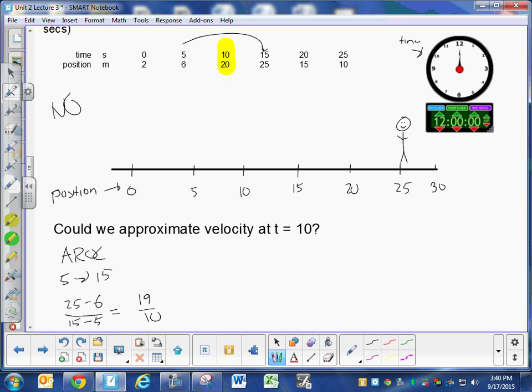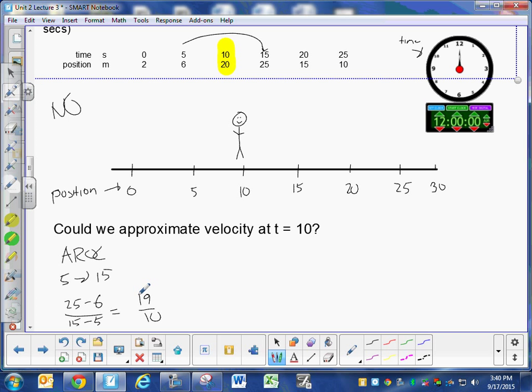So what could give me probably another approximation? Well, you can't really find the acceleration here. It's the same thing. I just have position and time. Maybe I can just find how he traveled from the 5th second to the 10th second. Maybe if he consistently traveled from position 6 to position 20 at the 10th second, and then maybe he slows down after that.